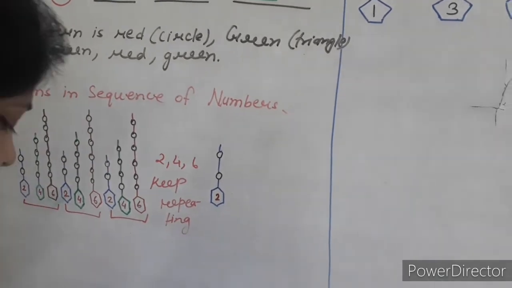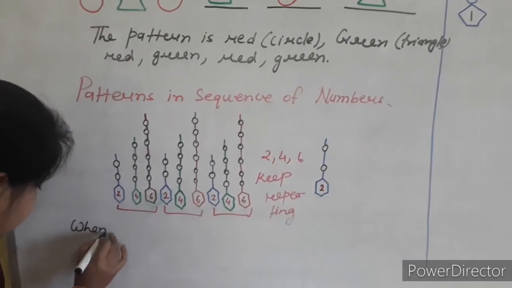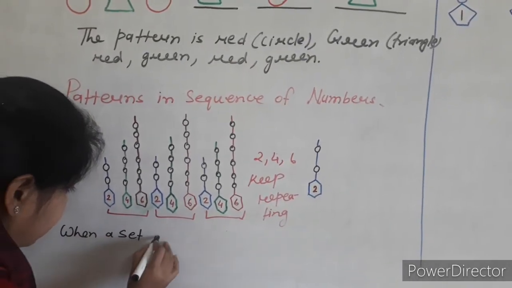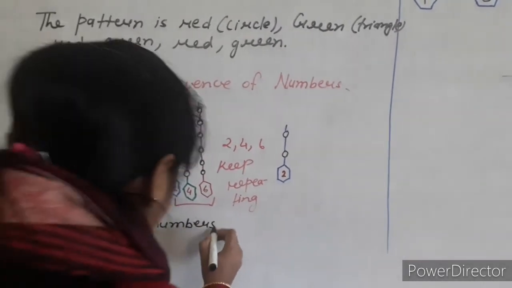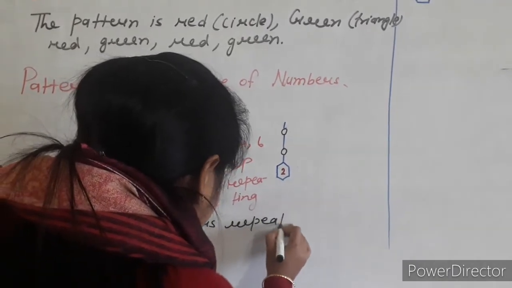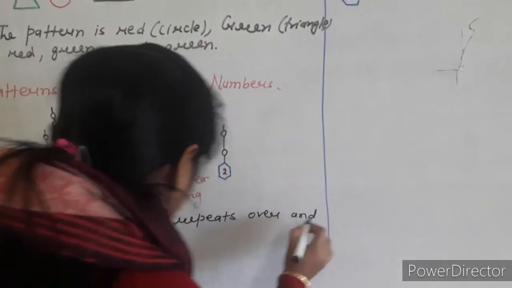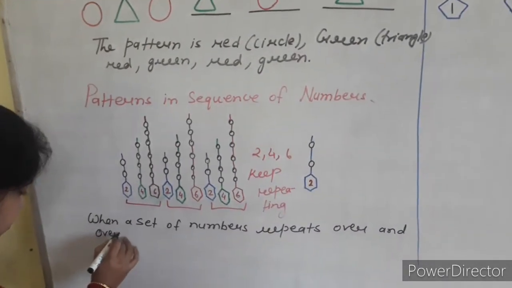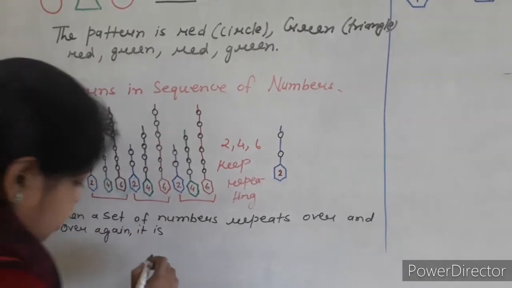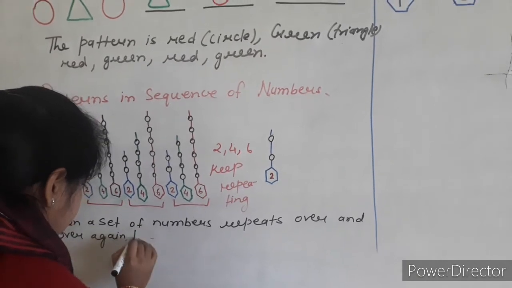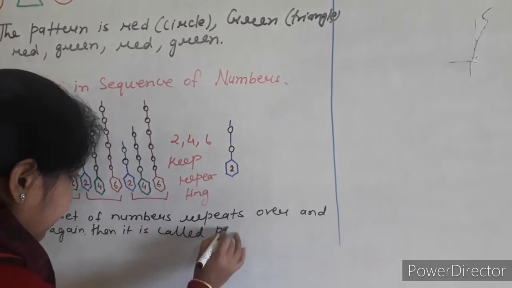Okay. So when a set of numbers repeats over and over again, then it is called a pattern.